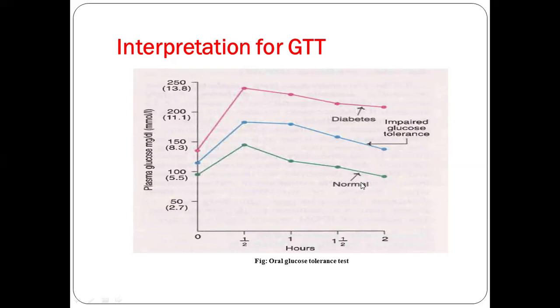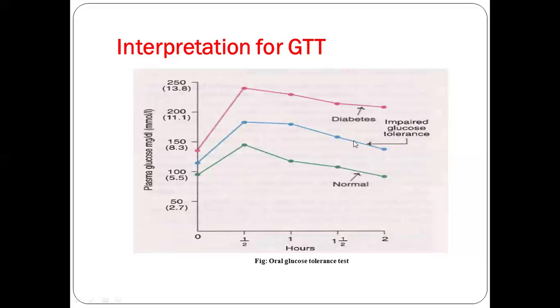Suppose for another person, you got a graph like this one. So the 0 hour value is around 126. Half an hour once glucose load is given, we are getting around 170, 180, and slightly there is a decrease, otherwise almost the same. 1 hour sample, then 1.5 hour and 2 hours, we are getting around 150.